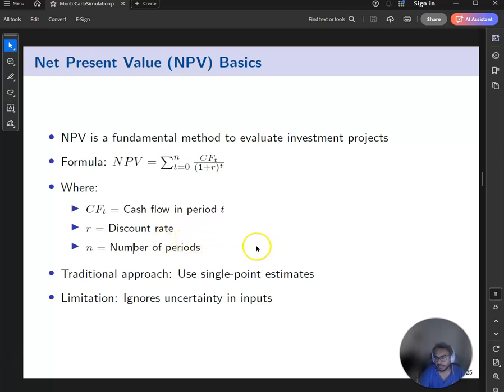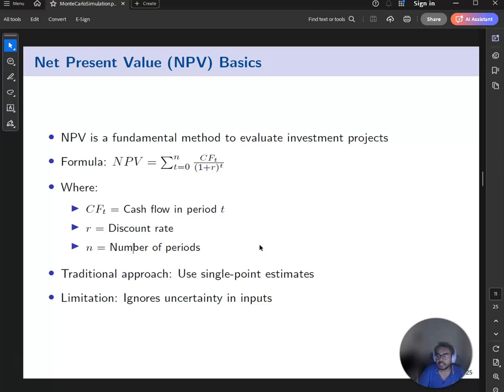In traditional NPV analysis, financial analysts typically use single point estimates for each variable. For example, they might assume exact values for initial investment, costs, annual revenues, operating expenses, and discount rate. Based on these single estimates, they can calculate one NPV figure. This approach is straightforward, but it has a significant limitation.